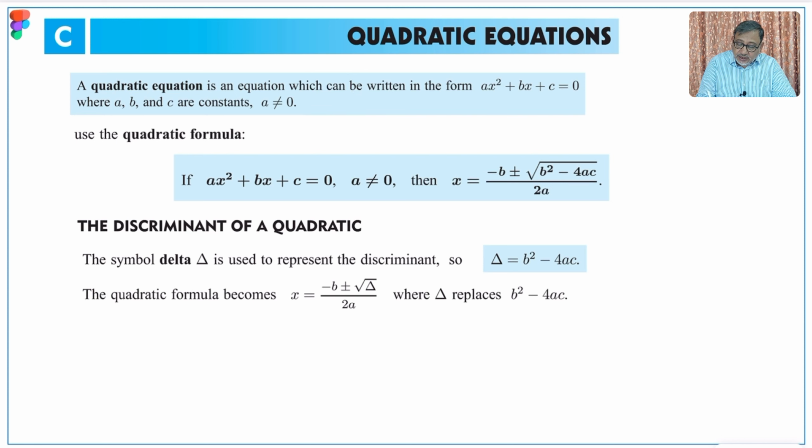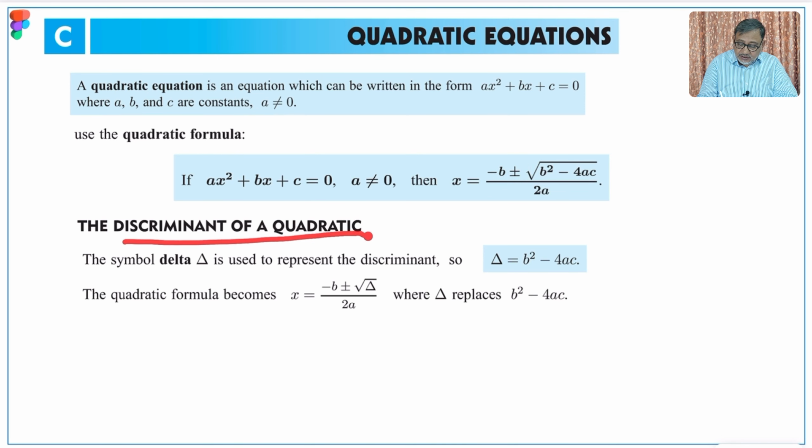The two roots are given by the formula x = (-b ± √(b² - 4ac)) / 2a. You all know about it. Either by this formula, or if you can factorize the quadratic equation, get the two values of x.